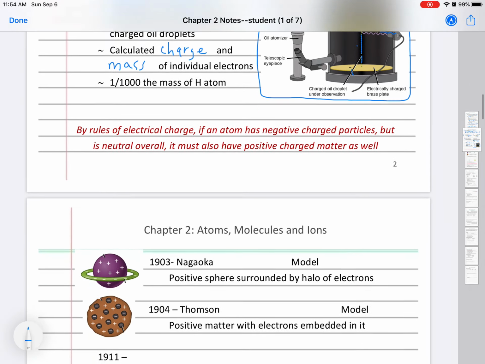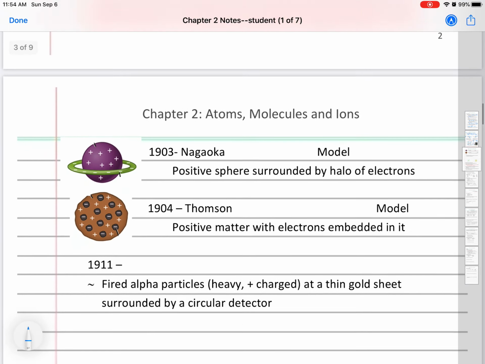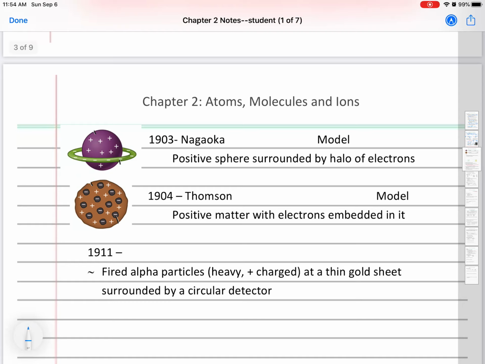So we found electrons. Now the hunt is on for what we will learn are protons. But at the time, in the early 1900s, they just philosophized that there was this positively charged material, but they had no idea whether it was particles or what kind of material it was.